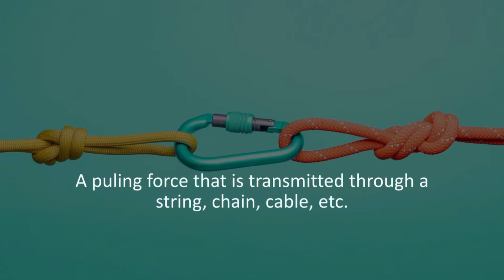Next is a tension force. What is a tension force? When a force is transmitted through a cable, chain, string, or something like that, that force is called tension force. It's a pulling force, so the direction of this force is always away from the body or mass which this string is attached to.